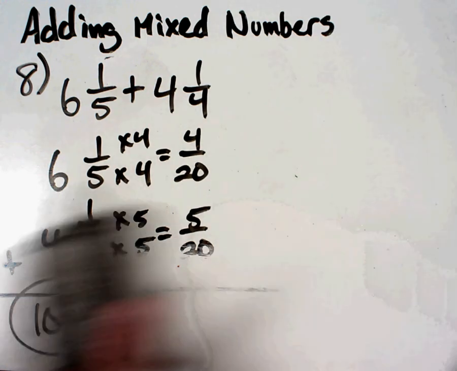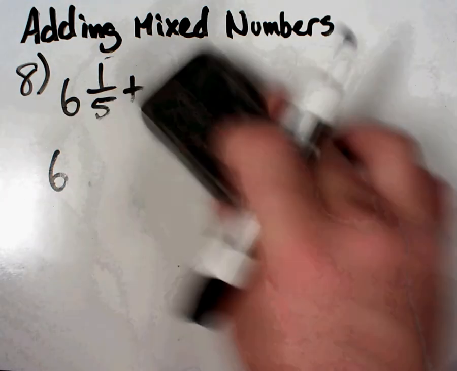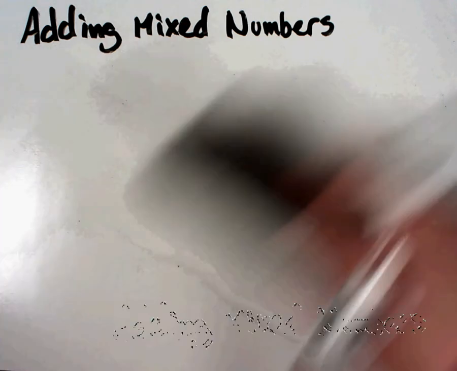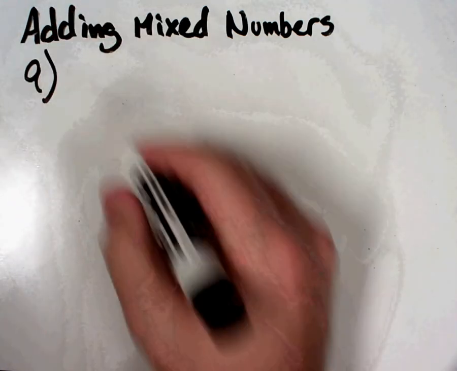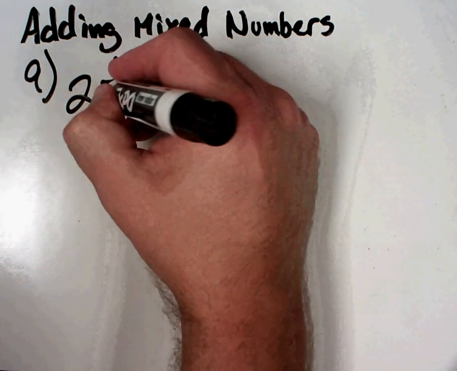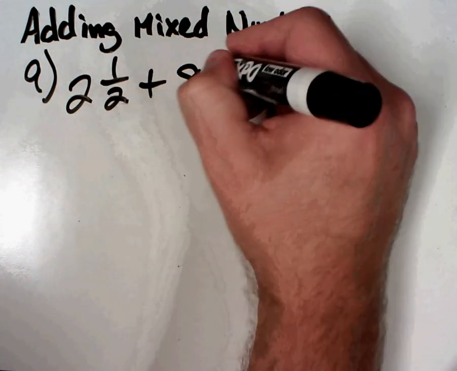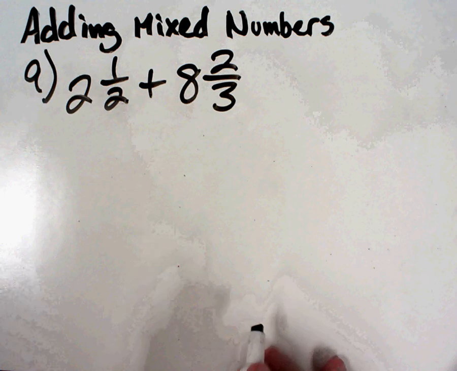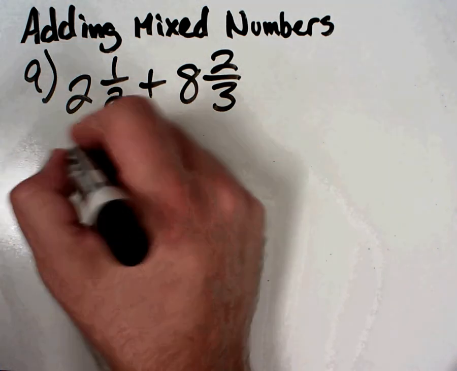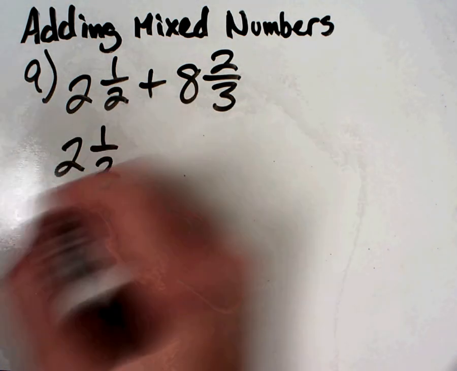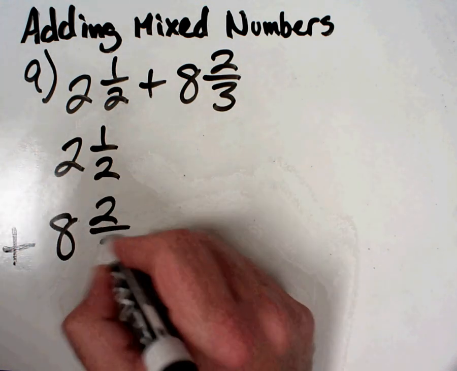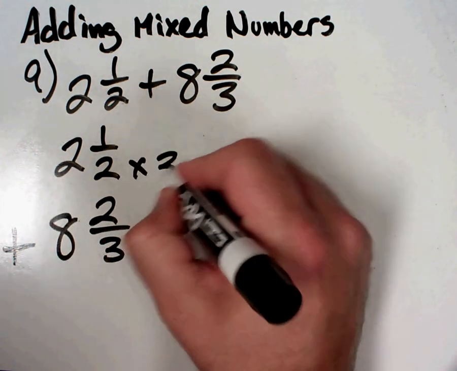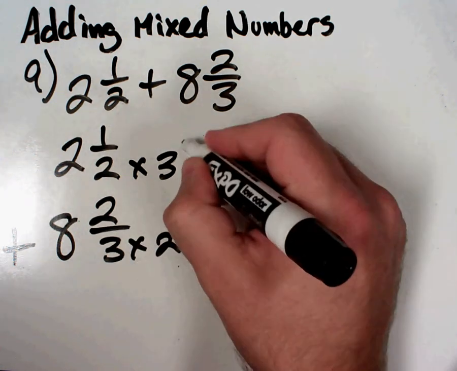All right, on to number 9. So number 9 is 2 and 1/2 plus 8 and 2/3. Going to multiply my denominators to get my common denominator, which will be 6.